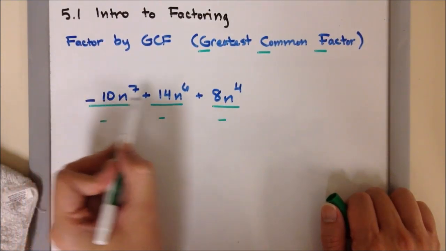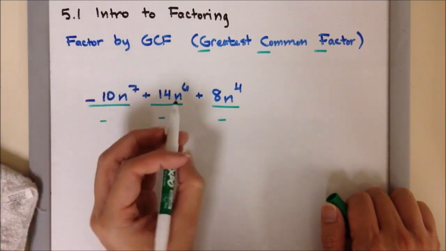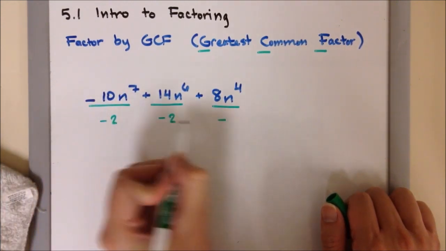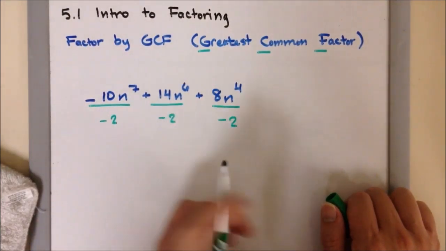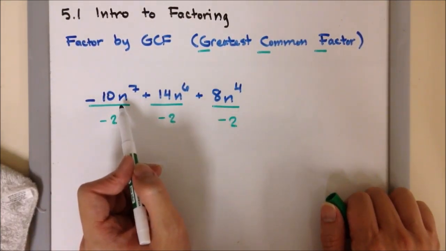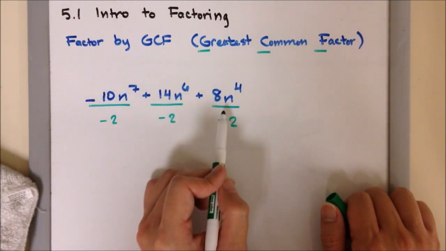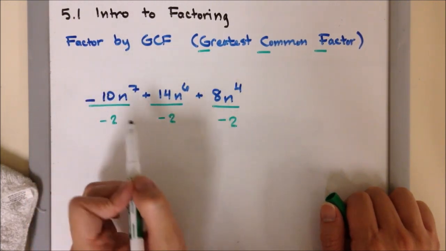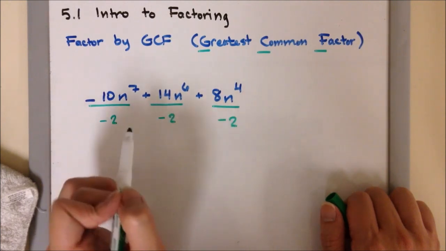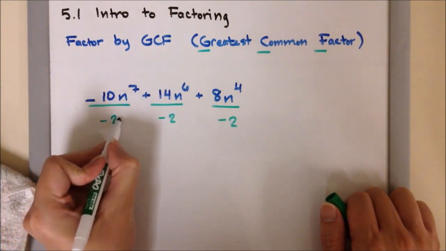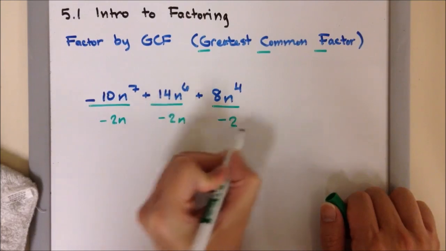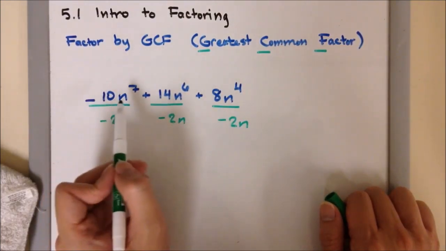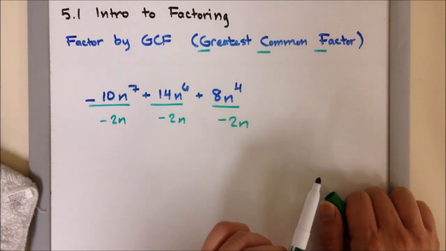What's common between 10, 14, and 8 is that all three are divisible by 2. What else is in common between all three terms is they all have n's. Since they all have n, we have to divide by n. The only thing you have to watch out for is that all three of them have exponents.